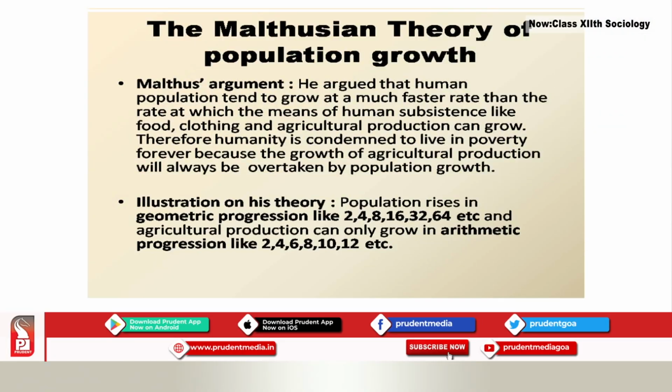Under this theory, he argued that human population tends to grow at a much faster rate than the rate at which human subsistence like food, clothing and other agricultural production can grow. Because of this, humanity is condemned to live in poverty forever, because agricultural production is always overtaken by population growth, and therefore all people live in poverty. This is what he argued in his theory.